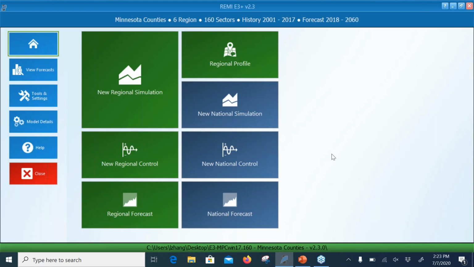So what I have here is a model in REMI's version 2.3. We have a version 2.4 from this year, so 2.3 is a slightly older version. The region we have here is Minnesota.